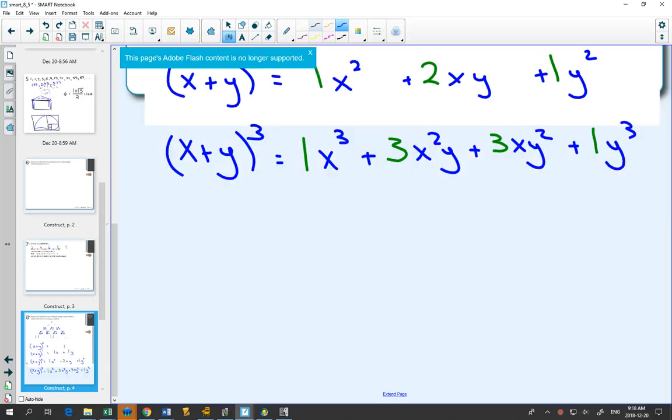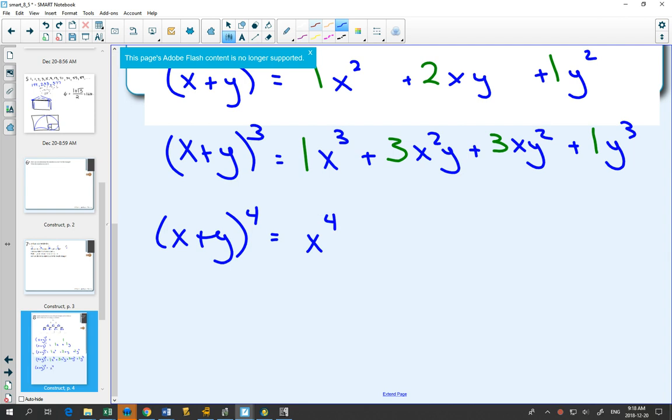And if we did one more, and then think about this last one, we would get x to the 4. I want to see if you can see some patterns here in the variables as well.